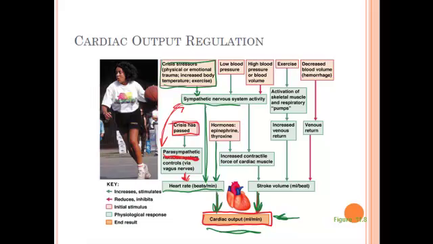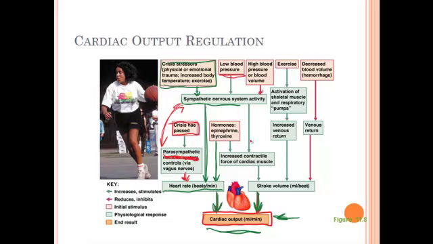Some other things to look at: low blood pressure. If you have low blood pressure, that can also cause your heart rate to rise. High blood pressure or a lot of blood volume can cause your heart rate to decrease as well.